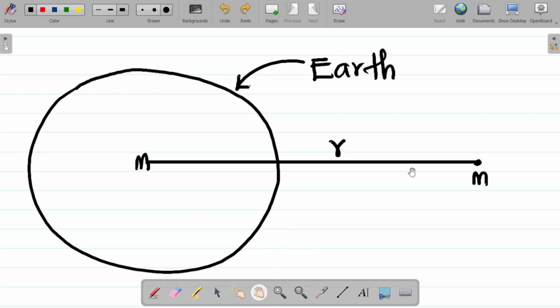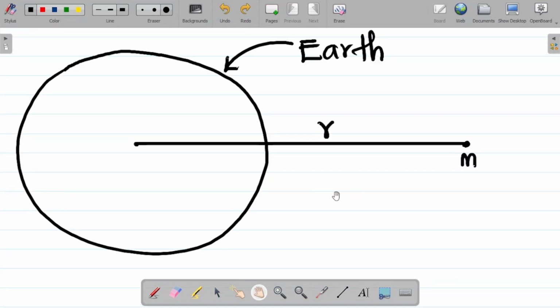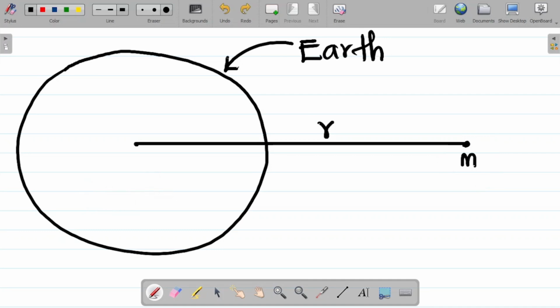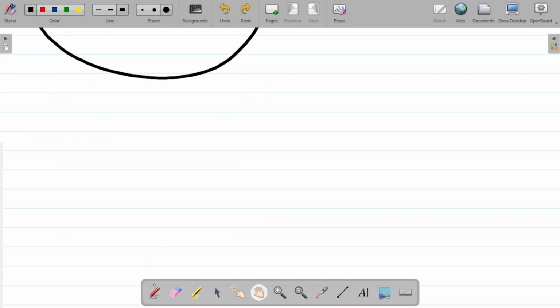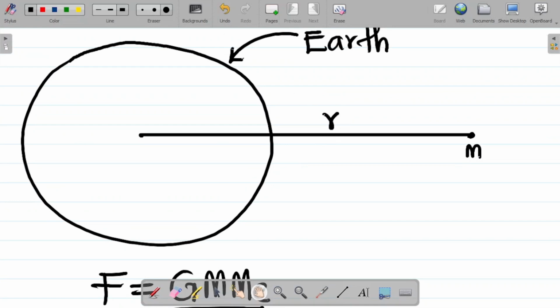First things first, from Newton's law of universal gravitation, there will be a force of attraction between this mass and the Earth. This is the Earth. The force of attraction between them, no matter how small, will be F equal to the universal gravitational constant times the product of the mass and the mass of the Earth, all over the distance of separation, which in this case is r, between the Earth and the mass.